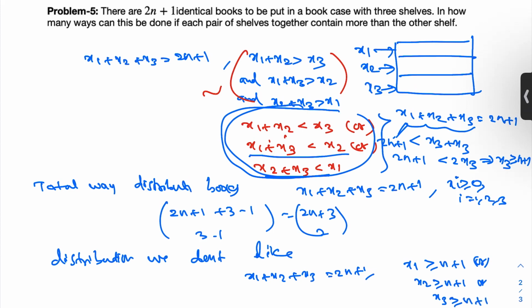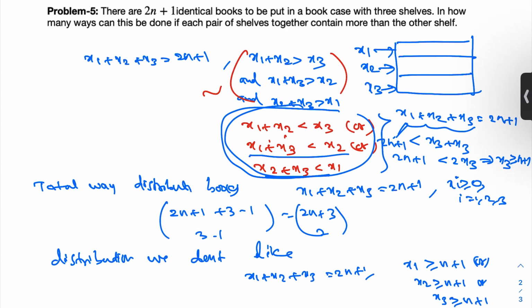Let's do each case separately. First, x1 greater than or equal to n plus 1, then x2 non-negative, x3 non-negative. Similarly, for x2 greater than or equal to n plus 1, x1 and x3 non-negative. Similarly, for x3 greater than or equal to n plus 1, x1 and x2 non-negative. We count each of the three separately, then we can add up by the sum rule.